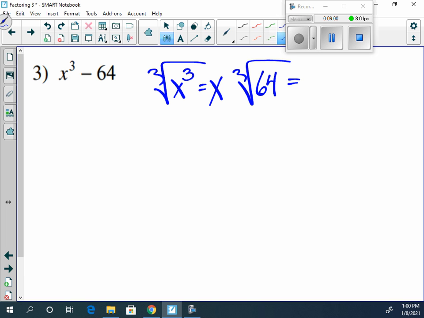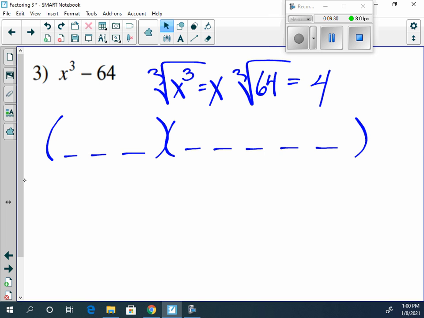We also need to take the cube root of 64. It is 4. So since both x cubed and 64 are perfect cubes, that means we have a sum or difference. And the reason we know it's a difference is because they're being subtracted. So we'll have our parentheses with 3 spots and our parentheses with 5.